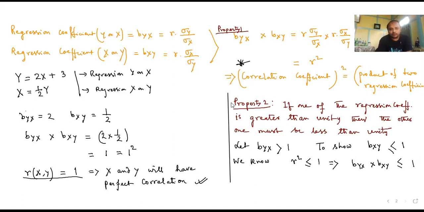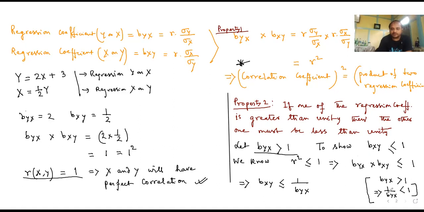Now this implies bxy is less than or equal to 1 by byx. But as we have already assumed that byx is greater than 1, this automatically implies that 1 by byx is less than 1, isn't it?